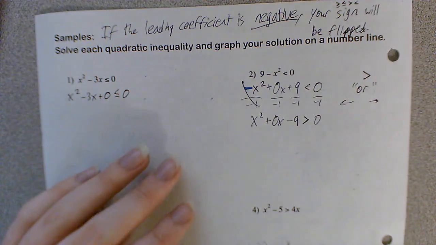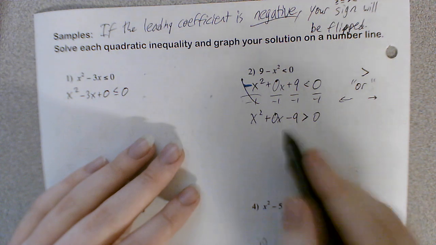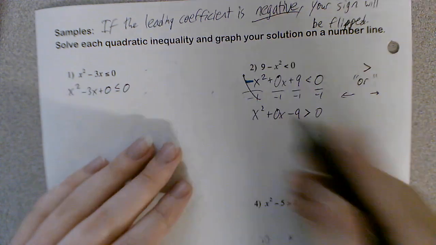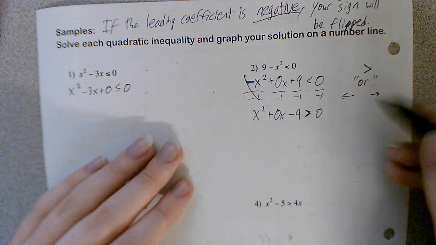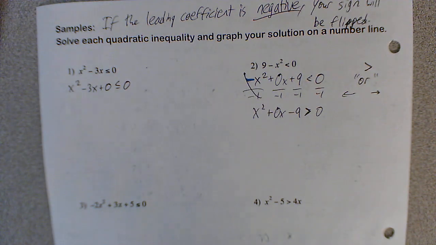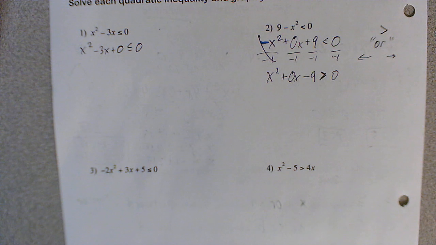Like that. And so, because we end up with something like this before we even start, we have to treat it as if it's a greater than. That's the reason why. So that's just something to keep in mind that I forgot to mention on the front.